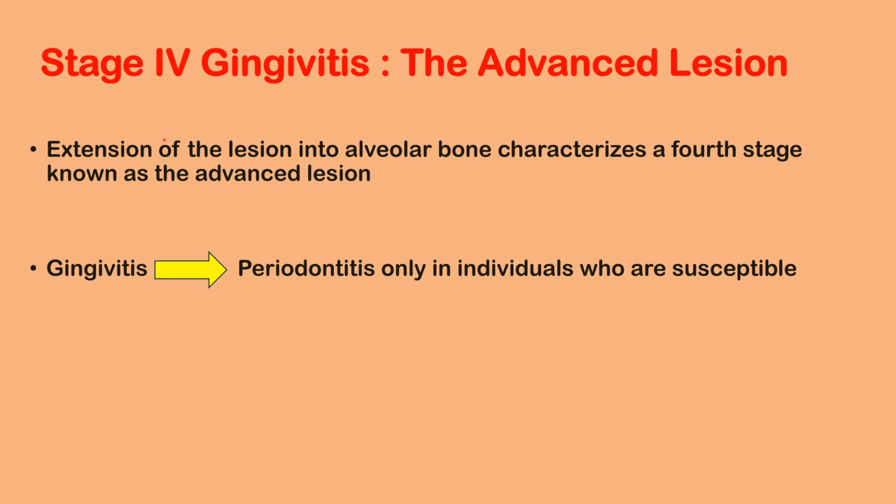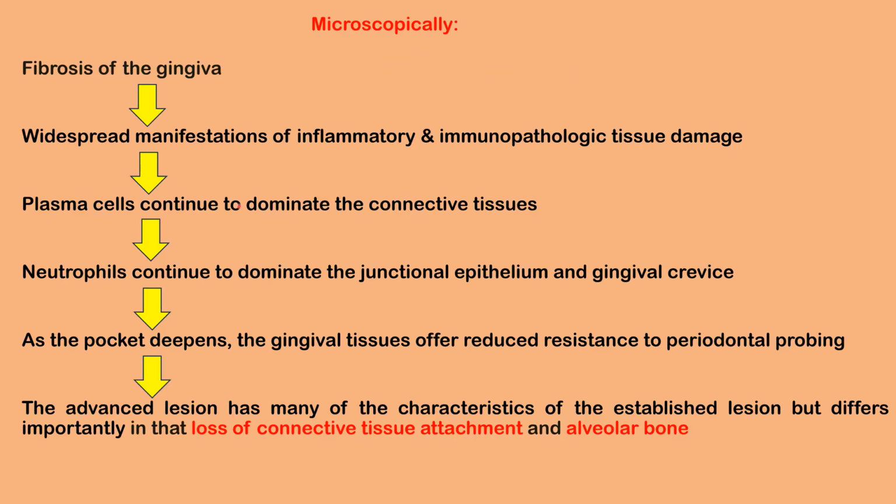Talking about the stage four of gingivitis, that is the advanced lesion, which is characterized by extension of the lesion into the alveolar bone. Gingivitis develops into periodontitis in individuals who are susceptible. Microscopically, as the inflammation persists, we can see fibrosis of the gingiva. There is widespread manifestation of inflammatory and immunopathologic tissue damage.